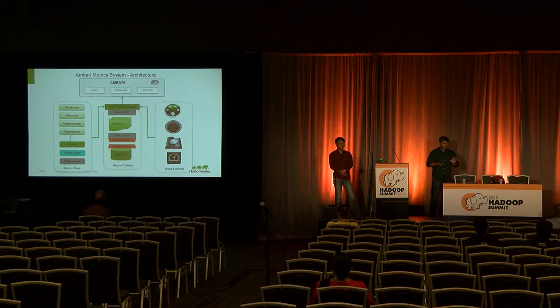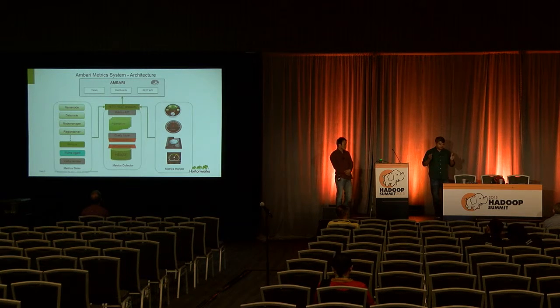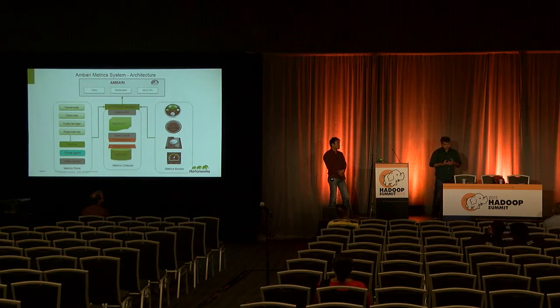It is pretty easy, just a matter of configuring the AMS to either use the embedded HBase or the HBase that is distributed and outside the system. So it's your choice. And once the metrics are stored, you naturally get all the goodness of HBase that is already available. For example, you can use Phoenix to query, and you can even go directly to HBase to query, but then you need to know the structure of the metrics that are stored.